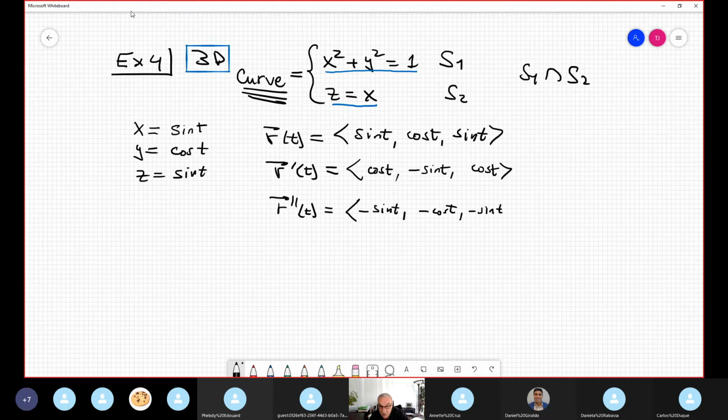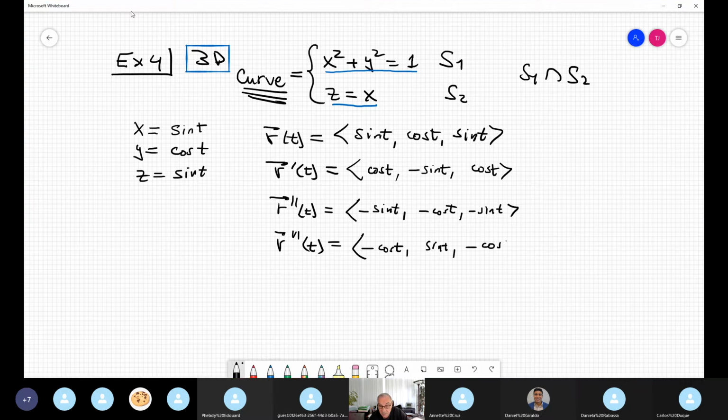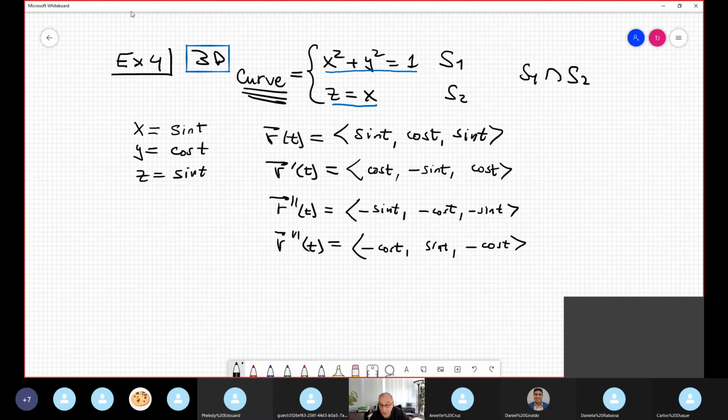Is it okay? And I need to find the third derivative. Why the third derivative? Oh, because maybe we have a torsion. Or no, I don't know. So the third derivative is minus cosine t, sine t, and minus cosine t. Okay.